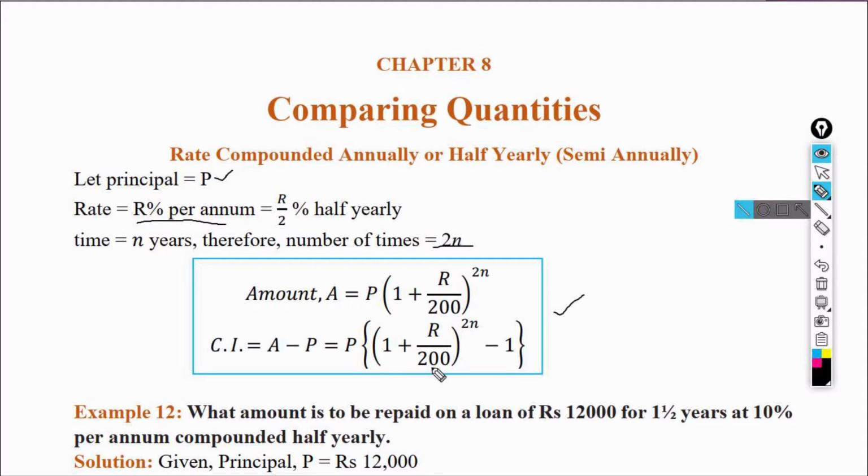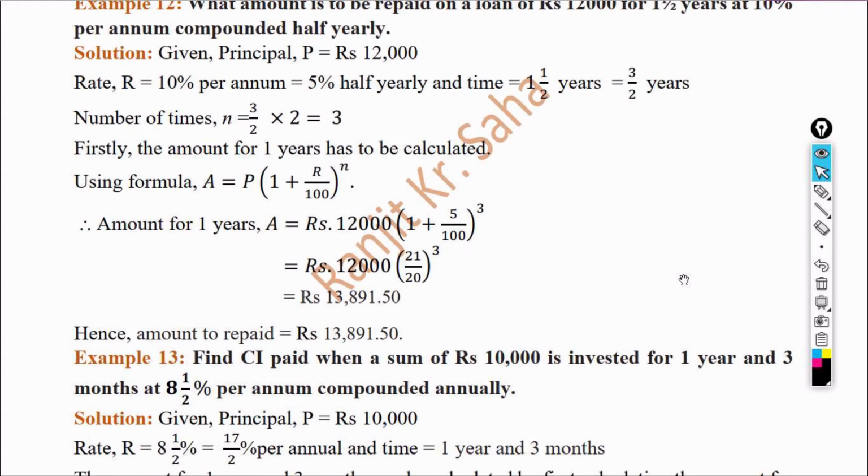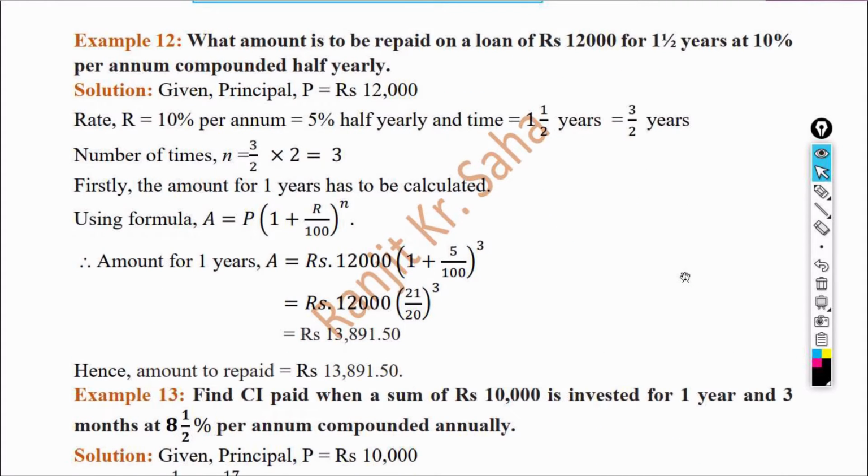Now let us take example 12. What amount is to be repaid on a loan of rupees 12,000 for 1.5 years at 10% per annum compounded half yearly? Now it is very simple. First of all, write down the given principal equal to rupees 12,000 and rate 10% per annum.